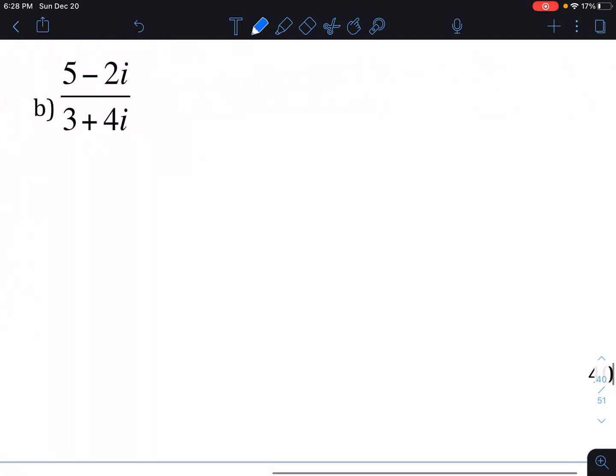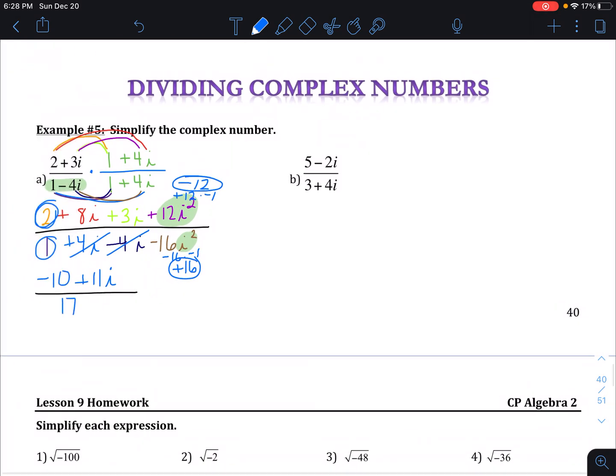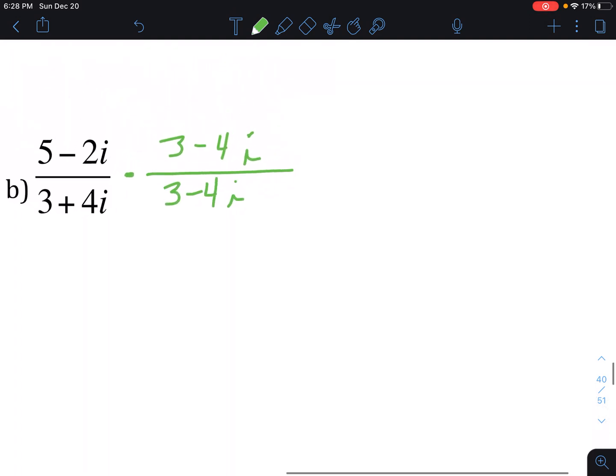Let's try the same procedure for letter B that we just did in letter A. We are going to multiply by the conjugate of the denominator. 3 plus 4i would be 3 minus 4i. So we're going to FOIL.